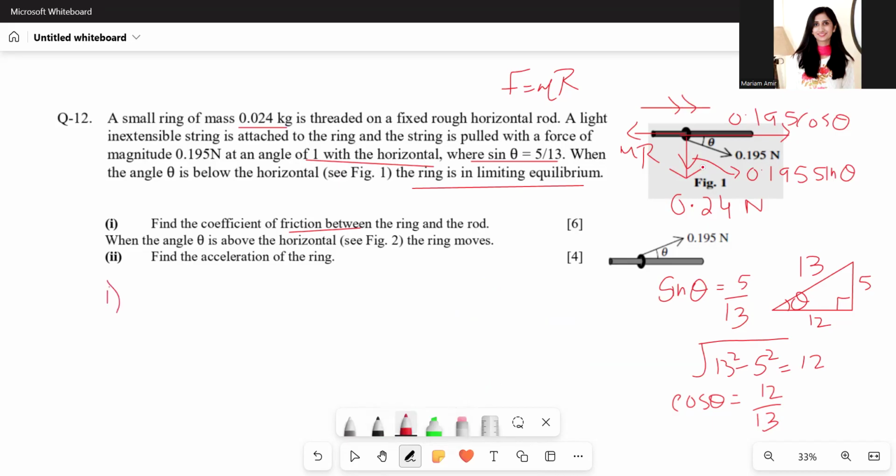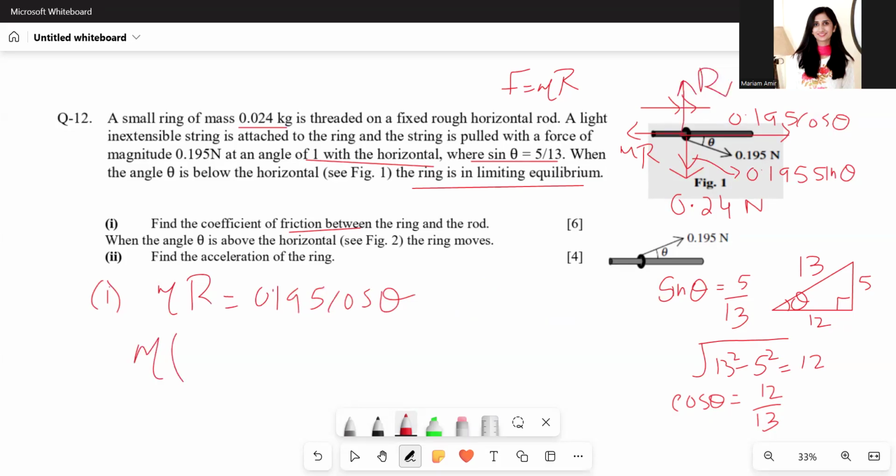Now since the system is in equilibrium, we're going to equate the forces. The force on the left, mu R, equals the force on the right, 0.195 cos theta. We need mu and R. I forgot to plot R earlier. R is the normal contact force.